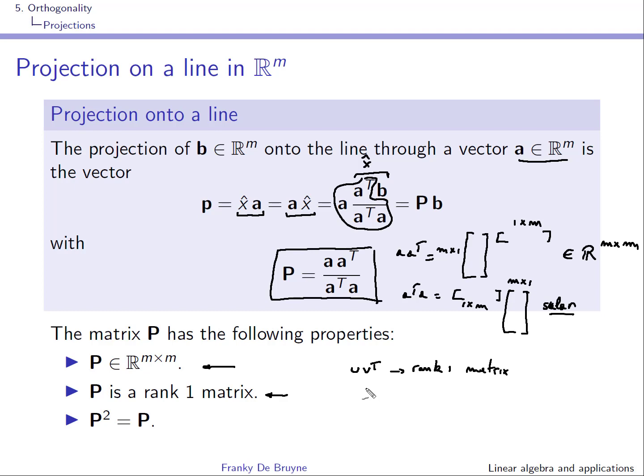Well, if we project b on A and we obtain p, and we project p on A again, of course we obtain the same vector p. So this means that P squared must be equal to P. So projection matrices have the following properties.